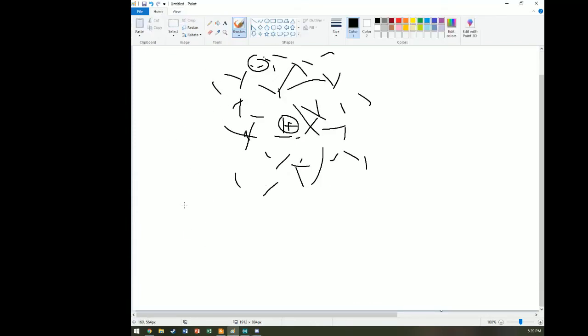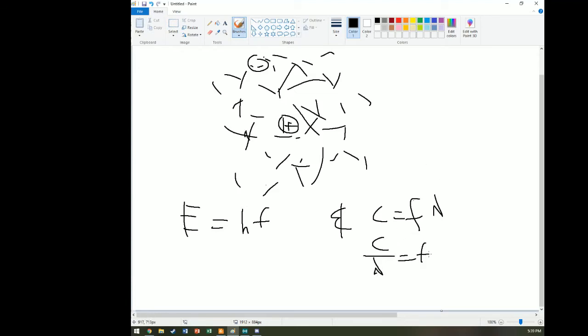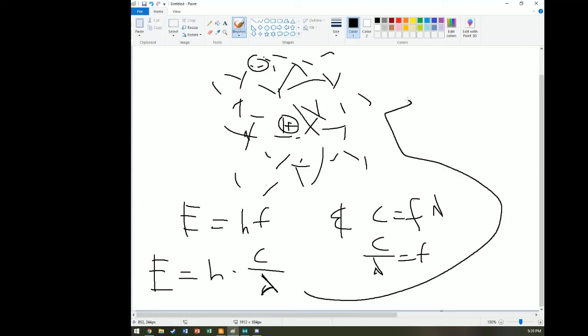So we knew that E equals hf and c equals f lambda. I'm going to rearrange this one to get f, so c over lambda equals f, and therefore I can rewrite this as E equals h times c over lambda, and therefore E is inversely proportional to wavelength.